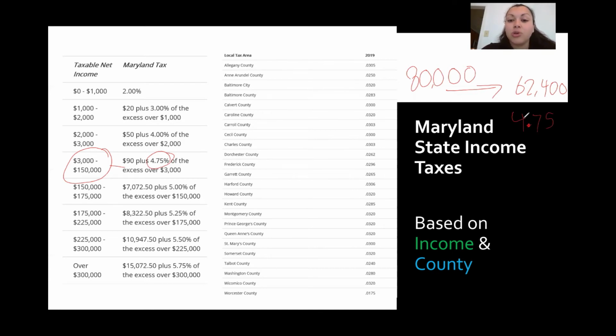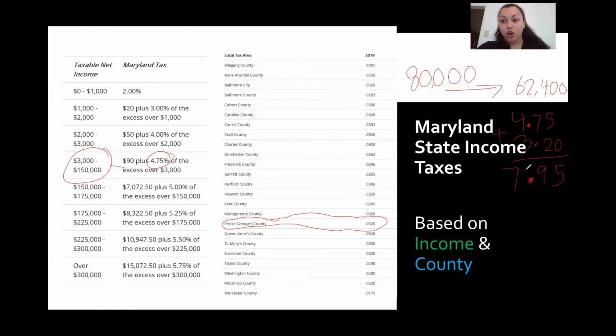But then we have to take into account where we live. Let's say we lived in PG County. Prince George's County right here is 0.032, which means we're at 3.2%. So our total, which means we're going to add for our state income taxes, is 5 plus 0, 7 plus 2, 4 plus 3, 7.95%.